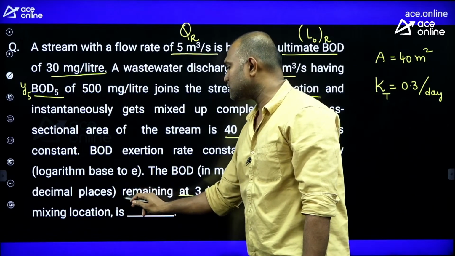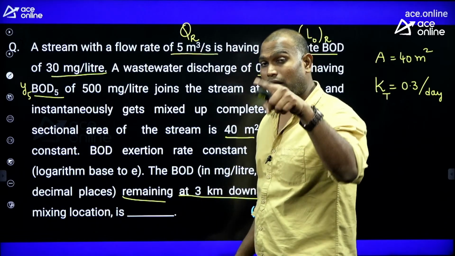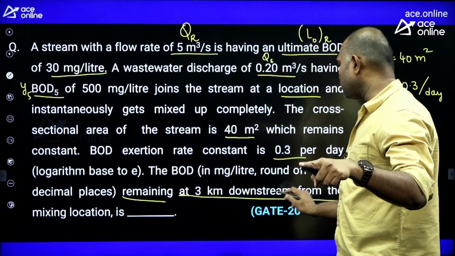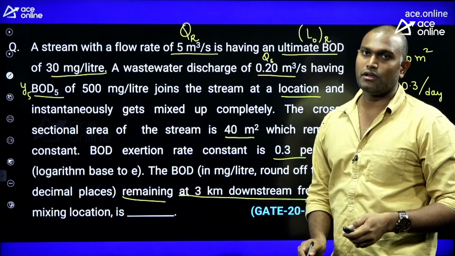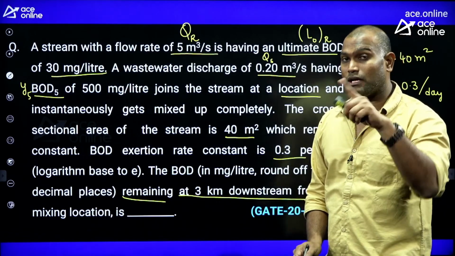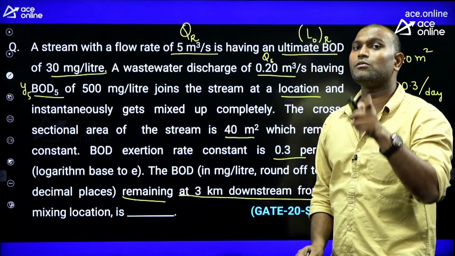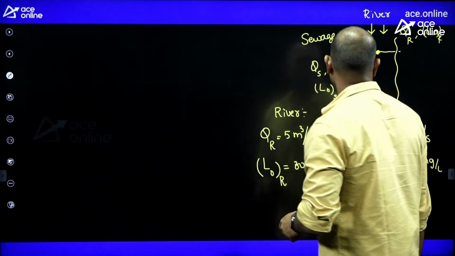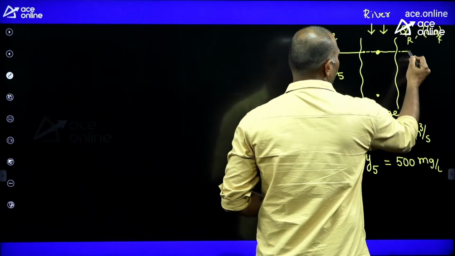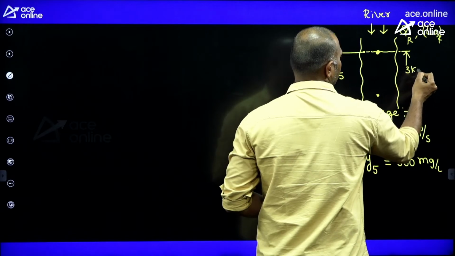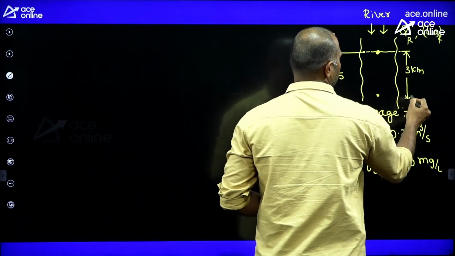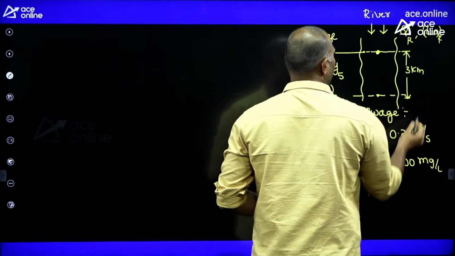What they are asking is how much BOD remained at 3 kilometers downstream from the mixing location. They are not asking how much BOD was consumed, they are asking how much BOD remained. So at a 3 kilometers distance, what is the amount of BOD remained?